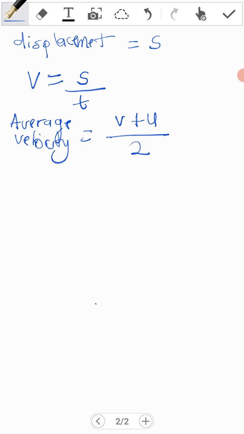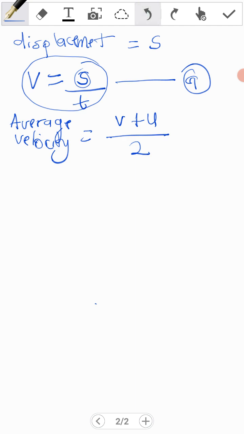It's another way of finding the average velocity. So we have two ways. Let's name the first one equation A: average velocity is the displacement, small s, over time, small t.